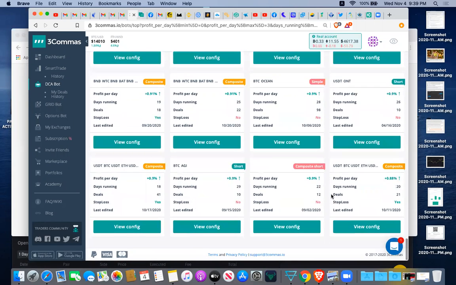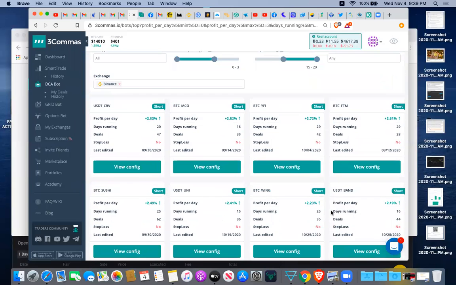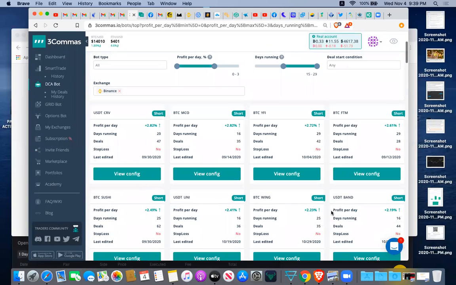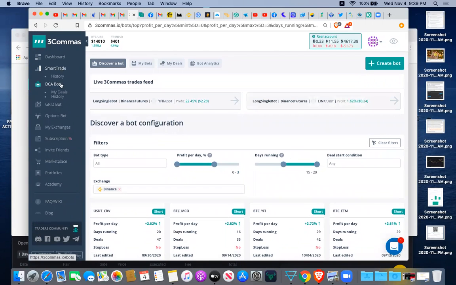And you see how many days they have run consistently and what percentage so far they've done. So you can see this is the percentage on the average, so you can just copy, come here, click on the configuration, and there you go, boom, you have set your own trade.